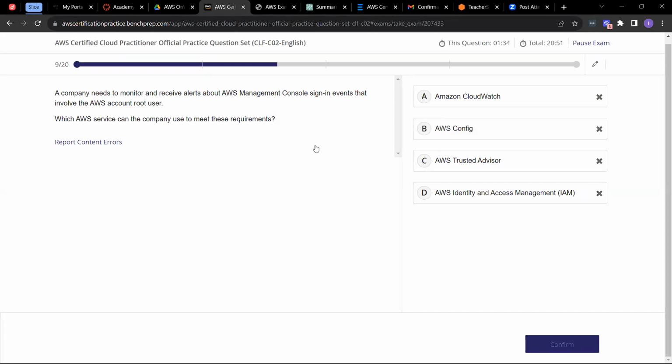For Trusted Advisor, I actually don't know how it really works, but Trusted Advisor looks at your AWS infrastructure and then gives you recommendations. It looks out for you in a sense, exactly.